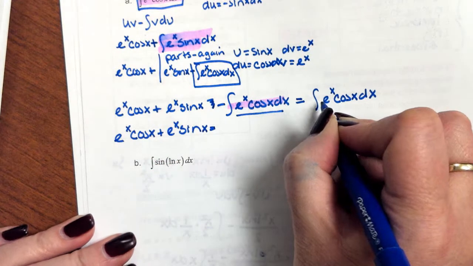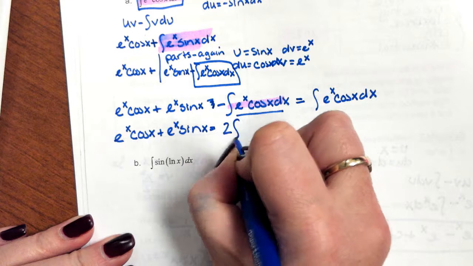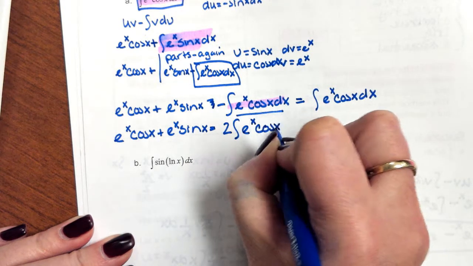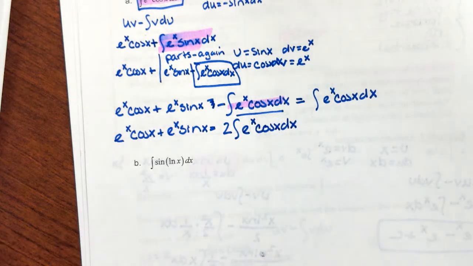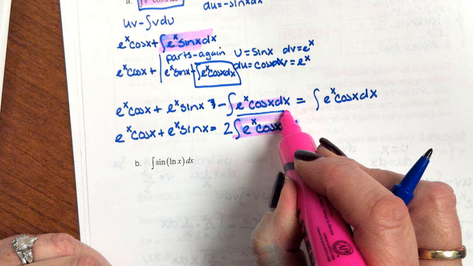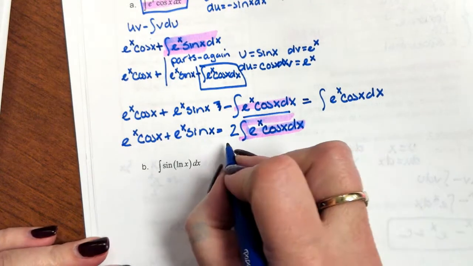When I add these two integrals together, that's going to be 2 times your antiderivative, e to the x cosine x dx. Now remember, you're trying to solve for the integral of e to the x cosine x. So I'm going to divide both sides by 2.